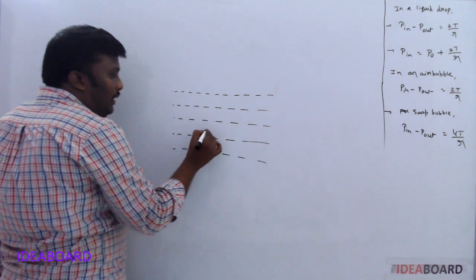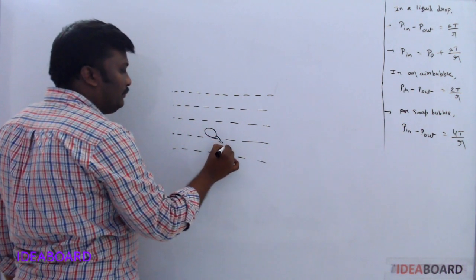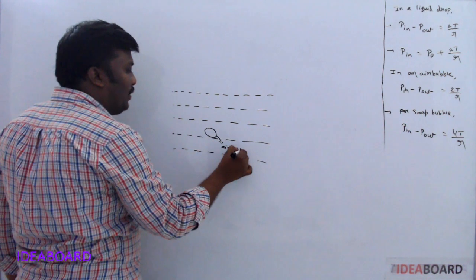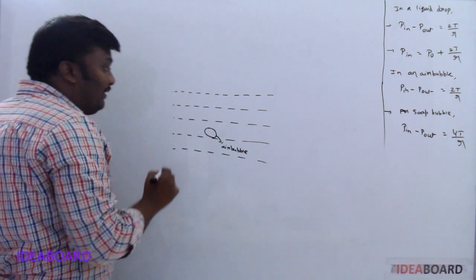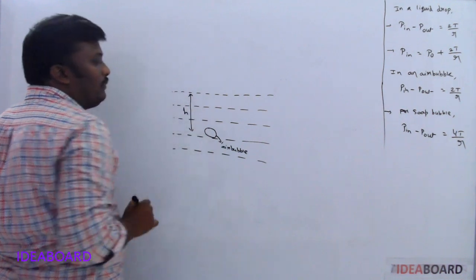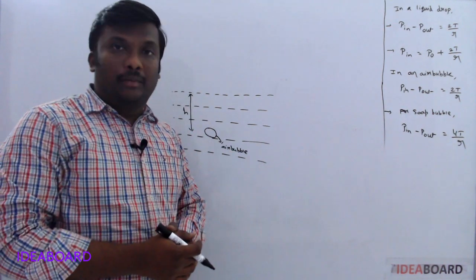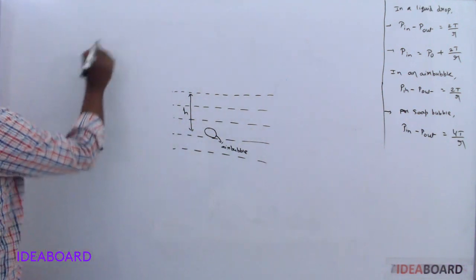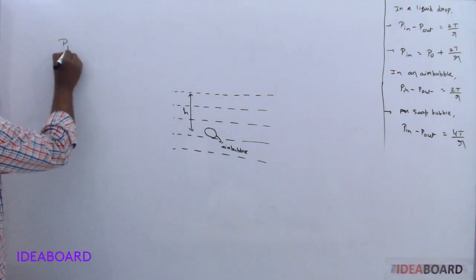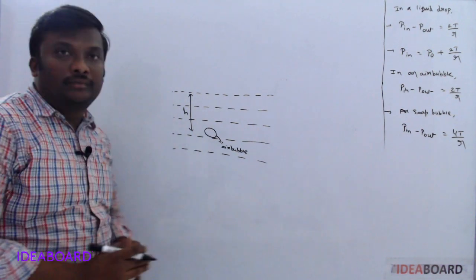Here I am assuming one air bubble whose radius is small, which is at a depth of h. Now, what is the total pressure inside the air bubble? Total pressure inside the air bubble.